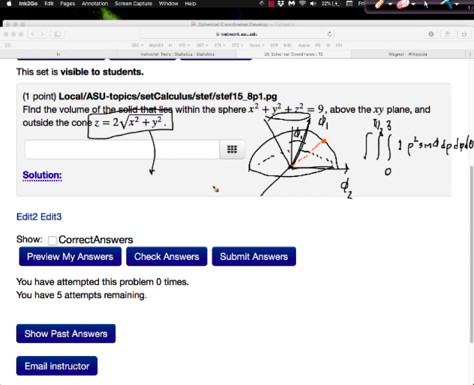So if we just use our formulas to change this into spherical coordinates, that should lead us to the angle phi, right? So what is z in spherical coordinates? Rho cosine phi? And what is square root of x squared plus y squared? That's r. And what is r in spherical? So we have 2 rho sine.